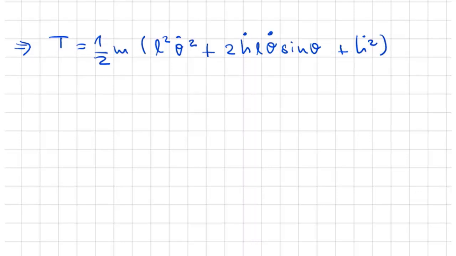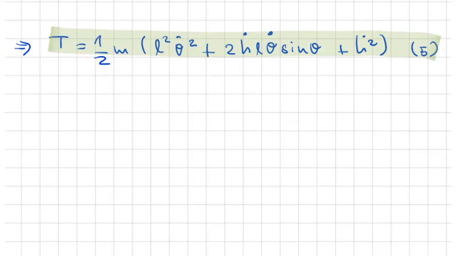This is our kinetic energy. We are going to call it equation number 5. Well, let's see here. We highlight our equation number 5, and we are ready to write the next equation.